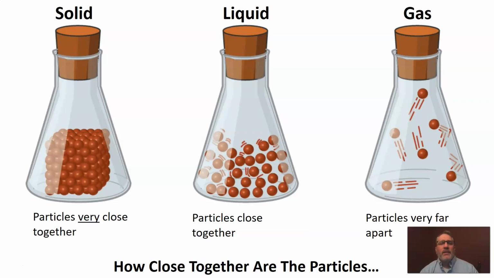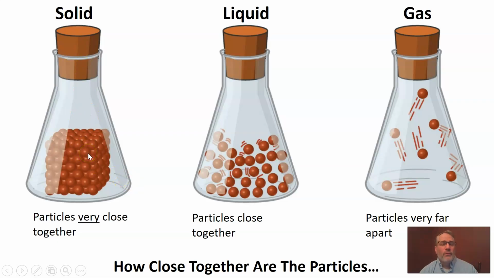All right. In addition to what is happening with the particle motion, we need to think about how close together the particles are. This is something that the reading brought up, and I think some of you maybe took some understandings from the reading that aren't true. So these particles inside of a solid are very close together.